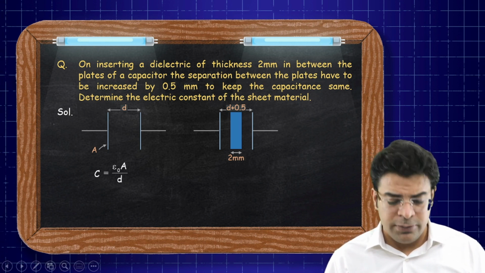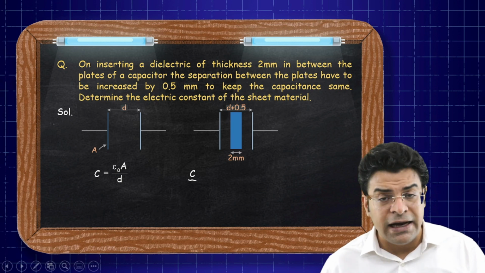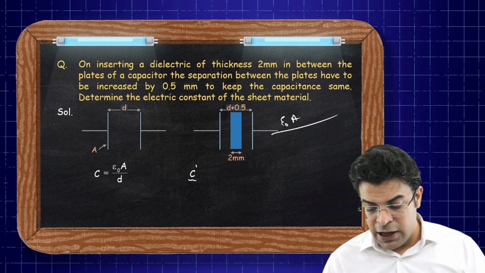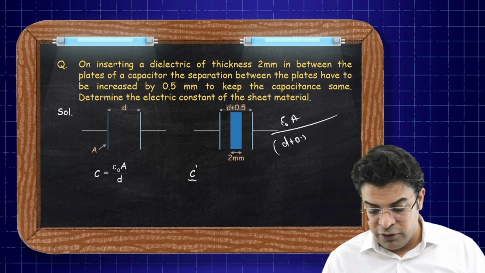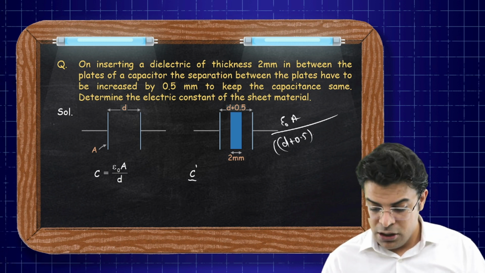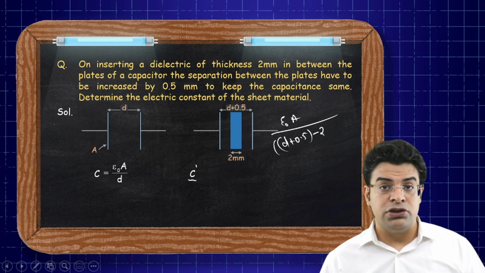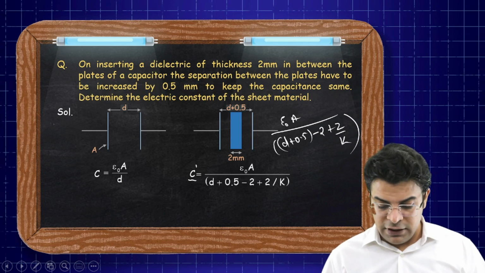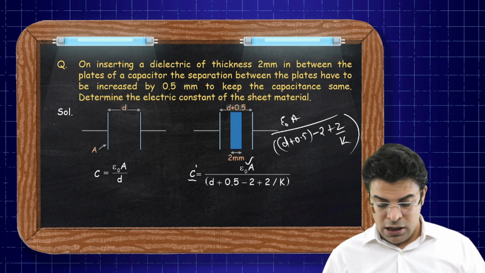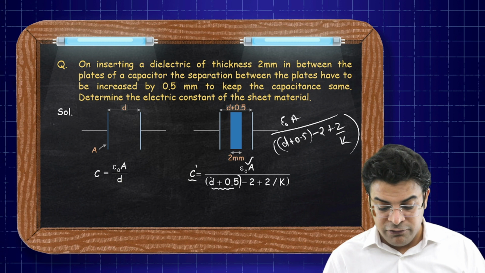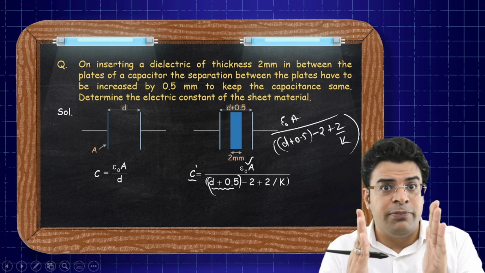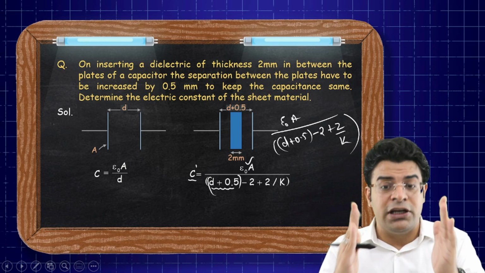Say the final capacitance is C dash. So the final capacitance C dash equals epsilon naught A by (D plus 0.5, the new plate separation, minus T1, which is 2, plus 2 by K). Original was D, now the plate separation is not D, it is D plus 0.5.